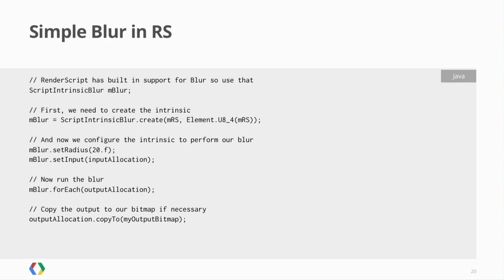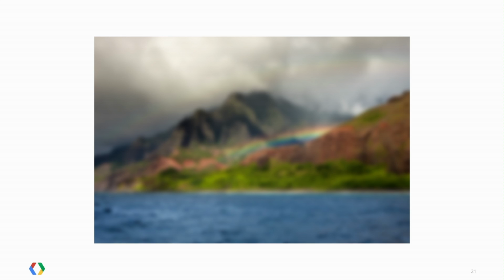Since it's an intrinsic, there is actually no name provided. It's just the default for each. And write it to our output allocation. And after we have done that, we need to copy our output allocation back into our output bitmap. Now, with usage shared, it's possible this will be a no-op on some devices and be extremely efficient. And with that, you get a nice blurred image.